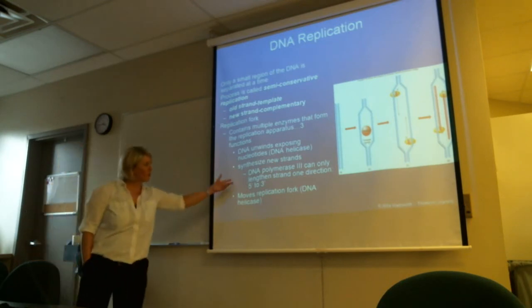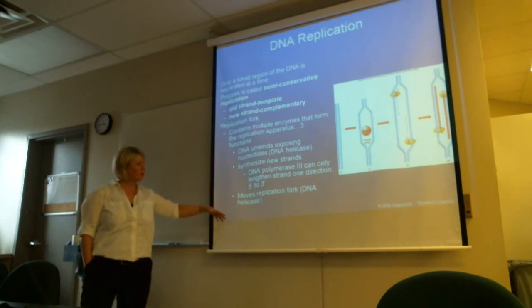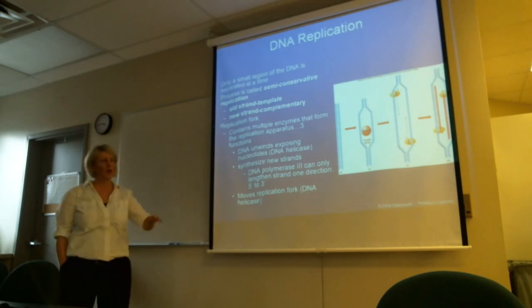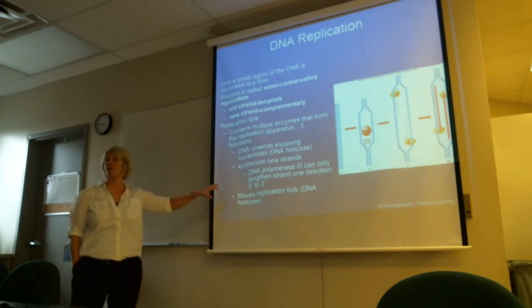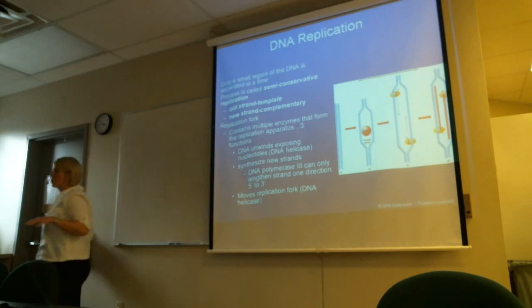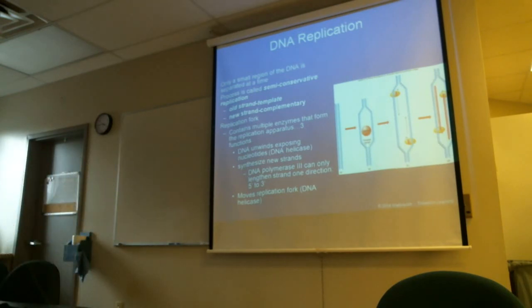And then, of course, once that side's built, that DNA helicase will keep moving that fork. Now, this is the leading strand that uses that DNA polymerase III straight through. The other side will use DNA polymerase III, but it's built in chunks.